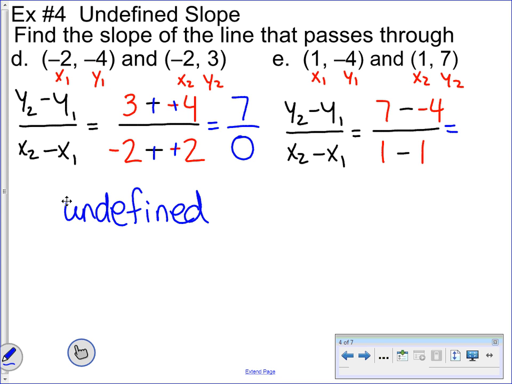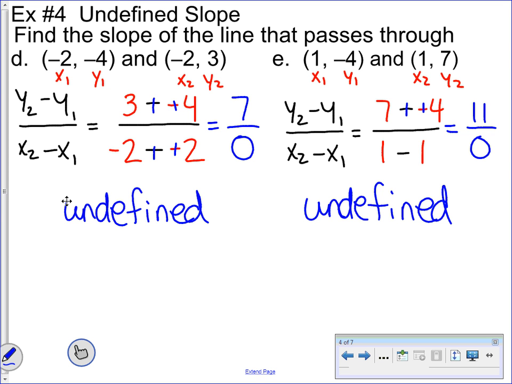So 7, take away negative 4, those become pluses. We get 11, and 1 minus 1 is 0. Whenever you have 0 on the bottom, you do not write the answer 0, you write undefined.